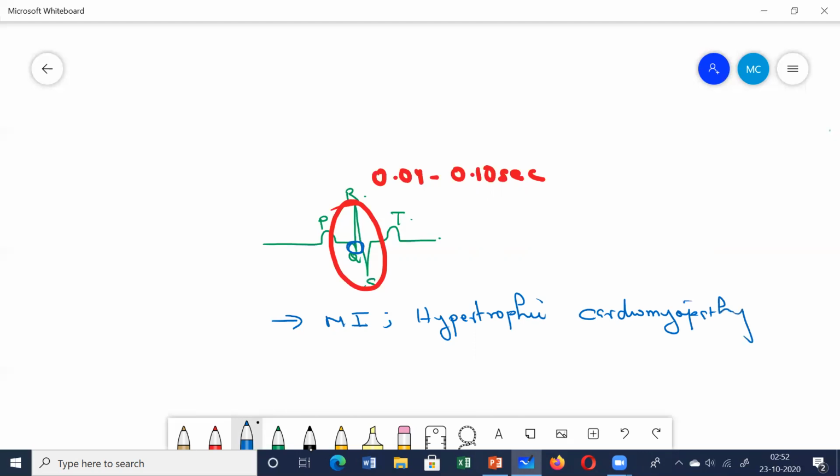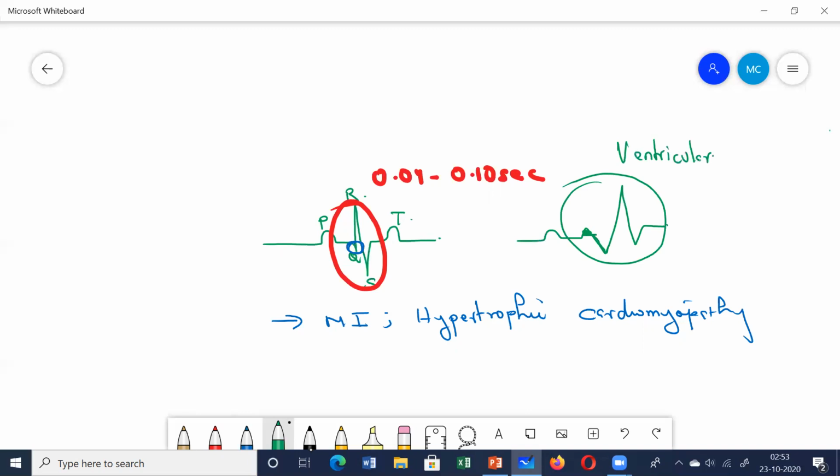If the Q wave has become very wide, the first deflection always being a negative one, this wide and bizarre QRS is usually seen in ventricular ectopics and ventricular tachycardia. If there is any ectopic arising from the ventricles, or sometimes in supraventricular tachycardia where there is aberrant conduction.